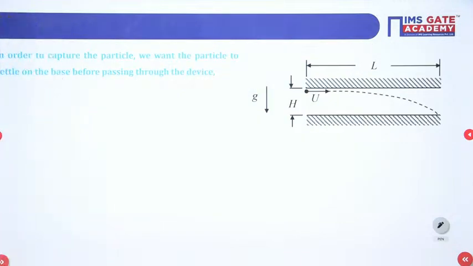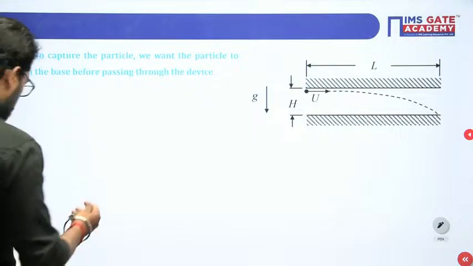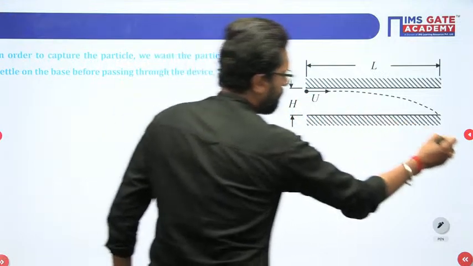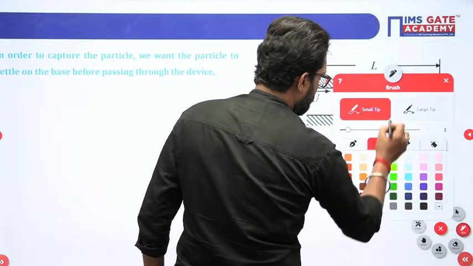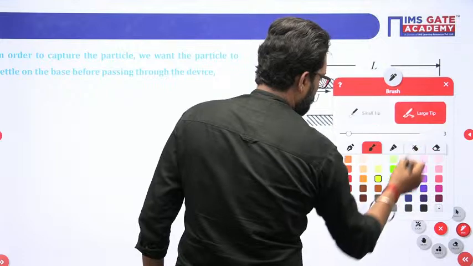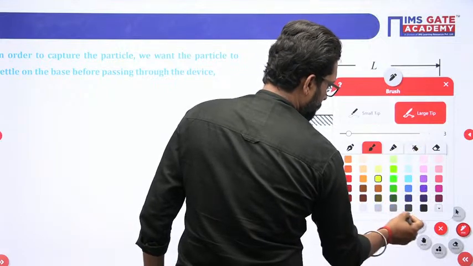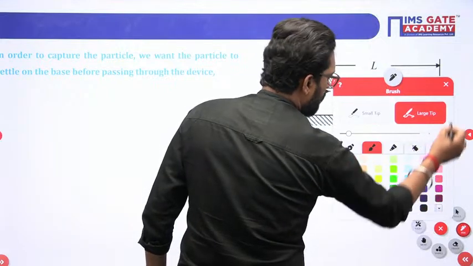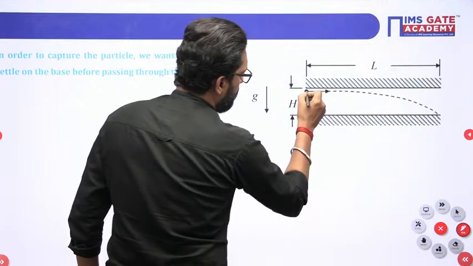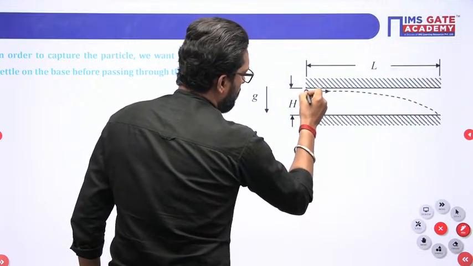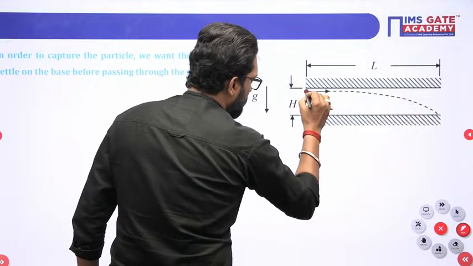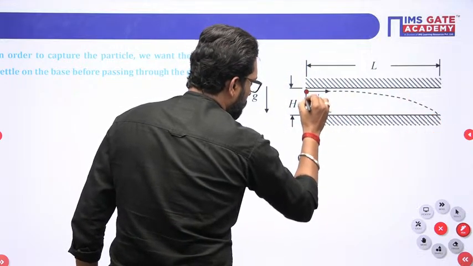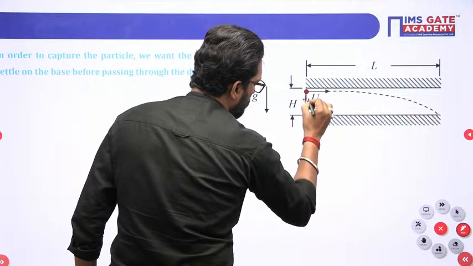This is your particle, and it tries to move in this direction. In this direction is the settling velocity, the terminal velocity.